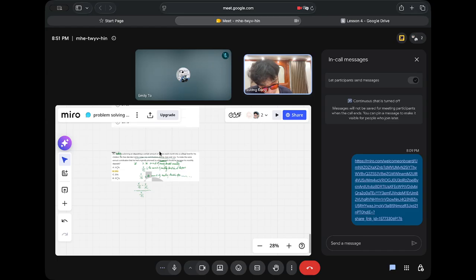So I'll write out the formula for calculating the percent increase of something.